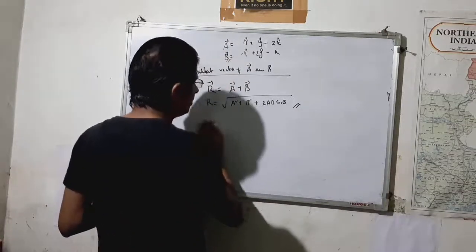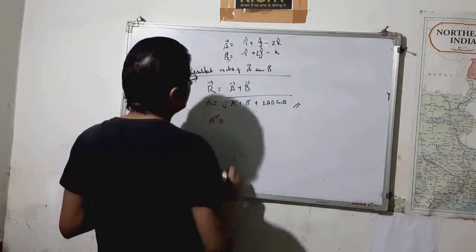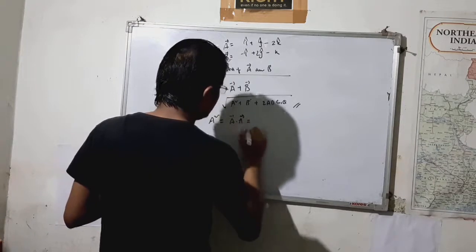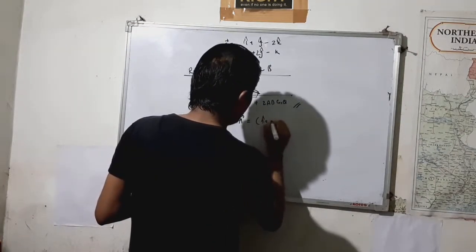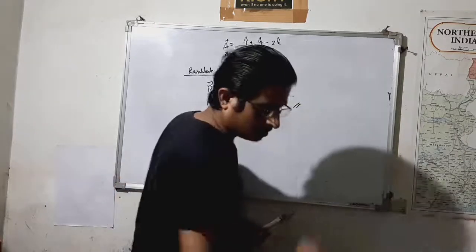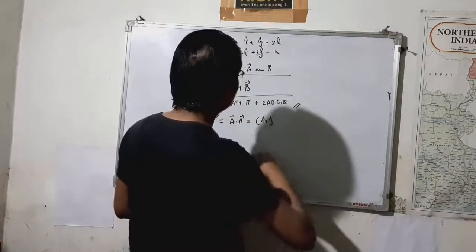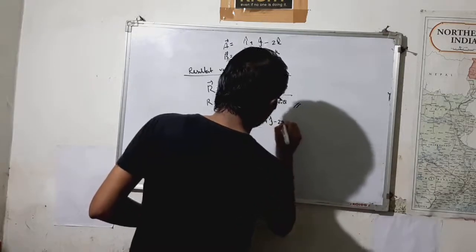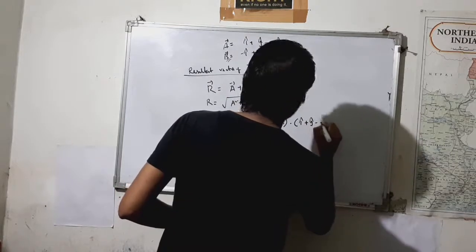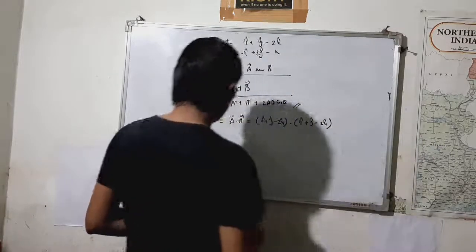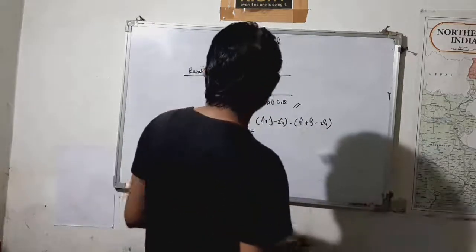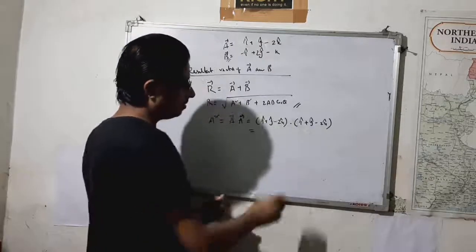In this case, a square is simply a dot a. So a dot a is i plus j minus 2k dot i plus j minus 2k. So it is simply ax square plus ay square plus az square. You can also use that formula.